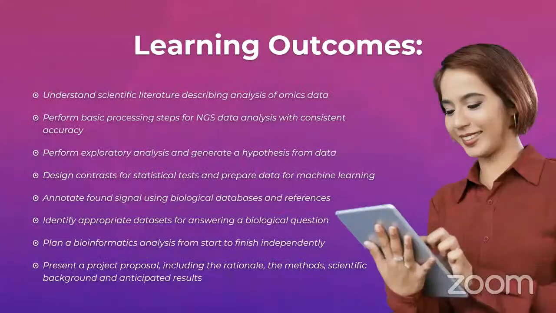After completing this course, you will know how to do the following: read and understand bioinformatics literature, perform basic NGS data analysis processing steps, analyze data and form hypotheses, prepare data for machine learning, cross-check signals with gene databases, know what type of data is required to answer scientific questions, create your own bioinformatics analysis, present your results in an organized way. All these skills are essential in bioinformatics and some can be translated to other fields.